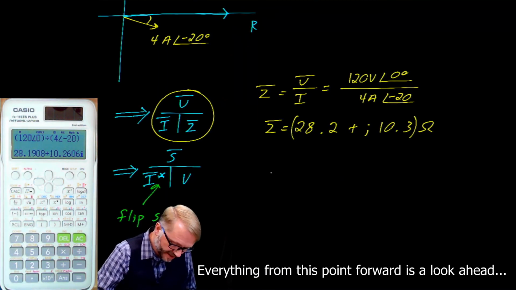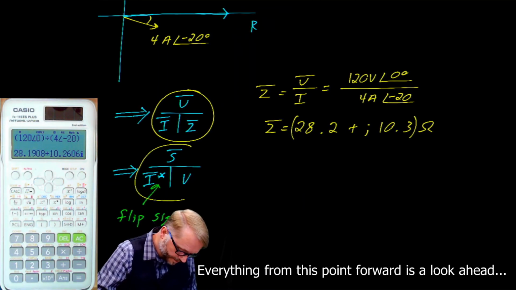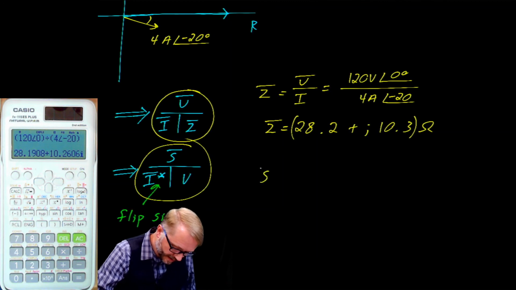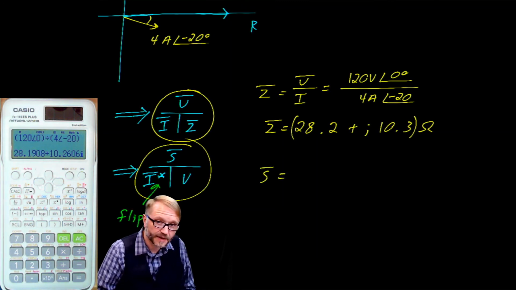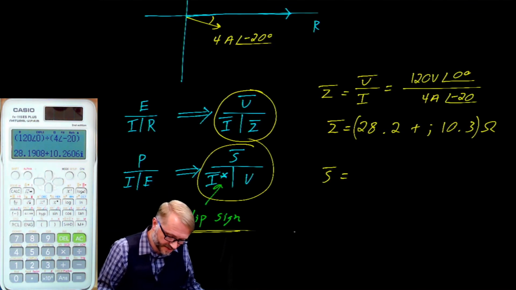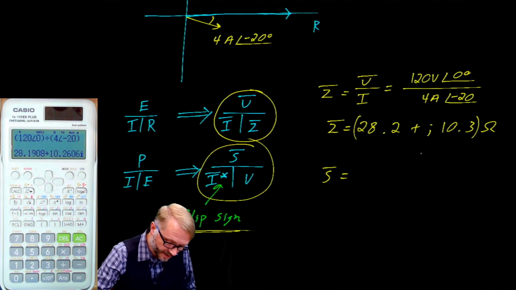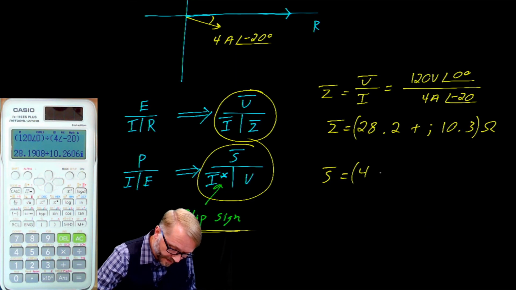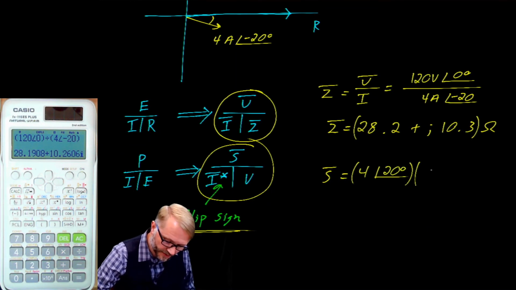While we're here, we may as well figure out the power. So the complex power is equal to the complex conjugate of the current. And we said that just meant we're going to flip the sign. So that's 4 at a phase angle of 20 multiplied by the voltage, which is 120 volts at a phase angle of 0.